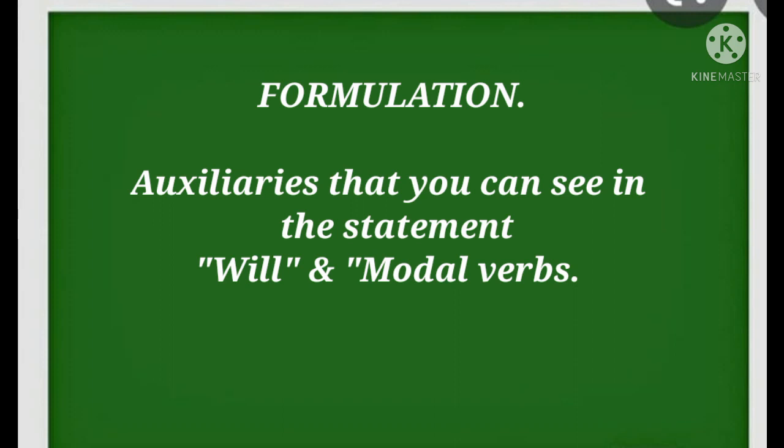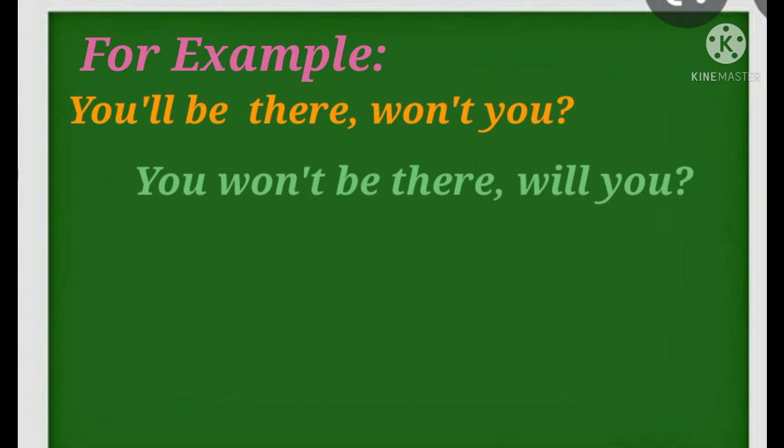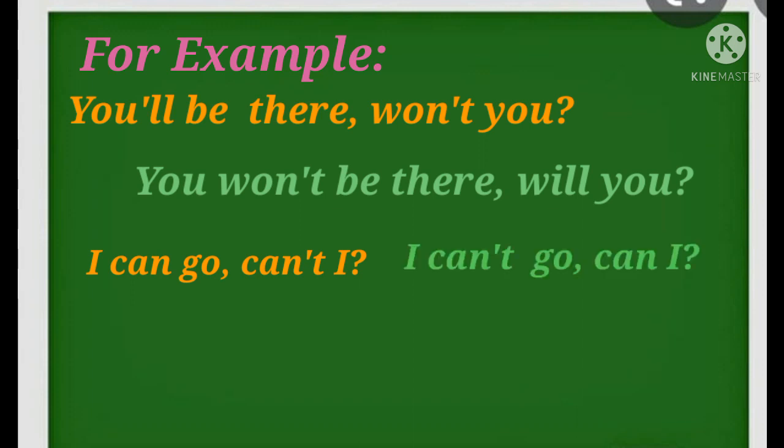The next group where you can see the auxiliary in the statement is sentences with will and modal verbs. For example, you'll be there, won't you? And the negative statement is, you won't be there, will you? I can go, can't I? I can't go, can I?